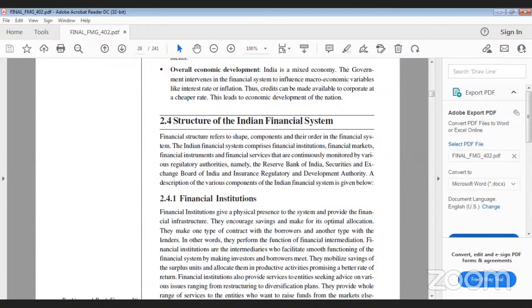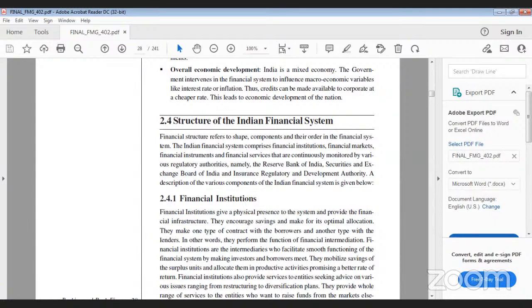Financial institutions facilitate the smooth functioning of the financial system by making investments and borrowing. They mobilize the savings of surplus units and allocate them into productive activity, promising a better rate of return.